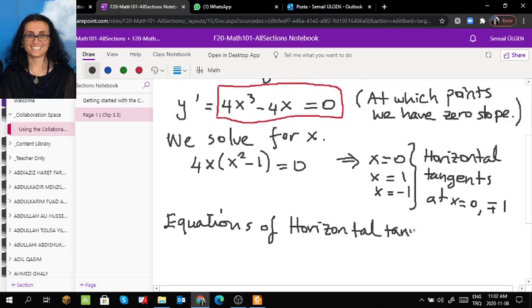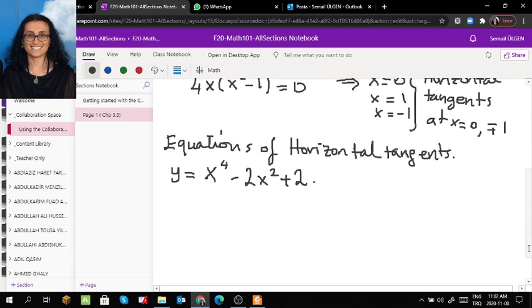You would need to find only the y value there, right? So what's our original equation for the curve? x to the 4 minus 2x squared plus 2, right? This is the curve that we started with, that you see in the picture.